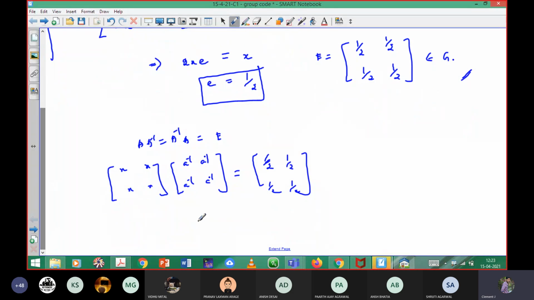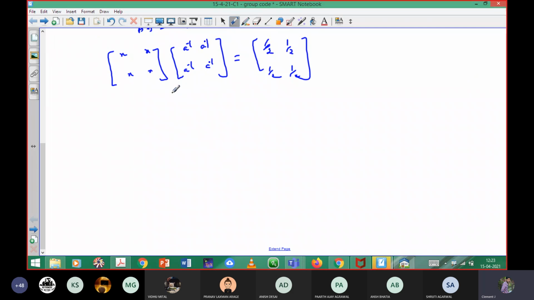Let me complete quickly. After this you take the multiplication, and surely you will get 2x a inverse in every entry. So the answer will come as 1 by 2 in every entry.